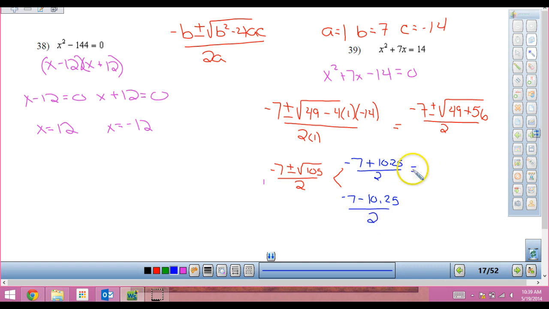Okay, when you're punching this into your calculator, make sure you hit enter before you divide. So negative 7 plus 10.25 and then divided by 2. So this one we're going x equals 1.625, and this one we're going x equals negative 8.625. Okay.